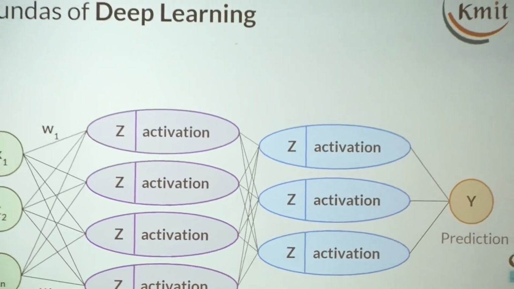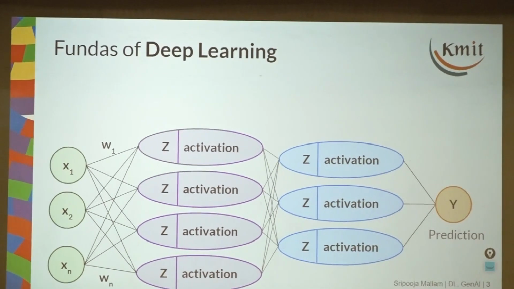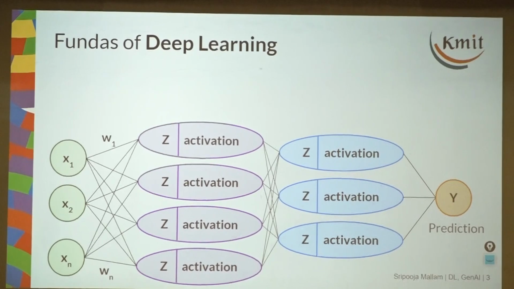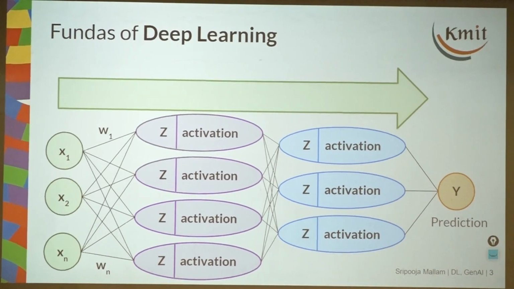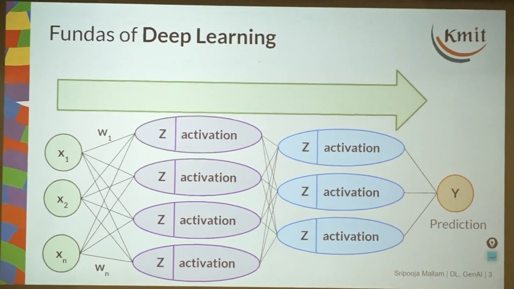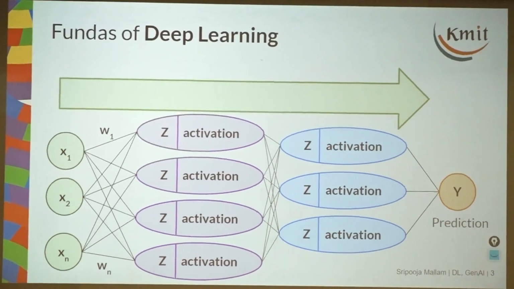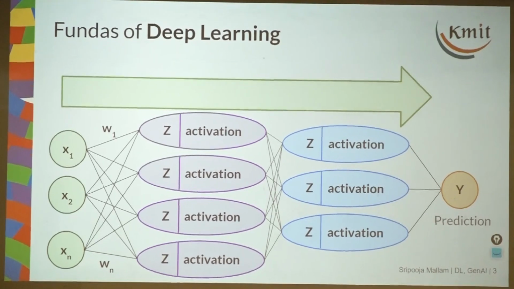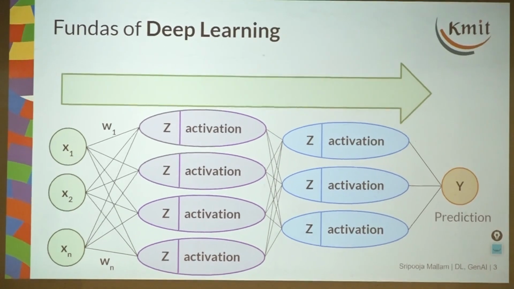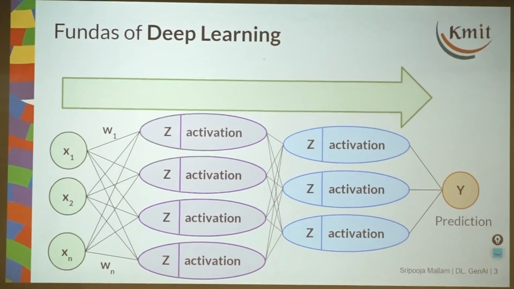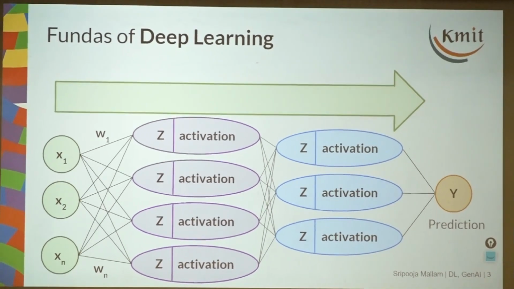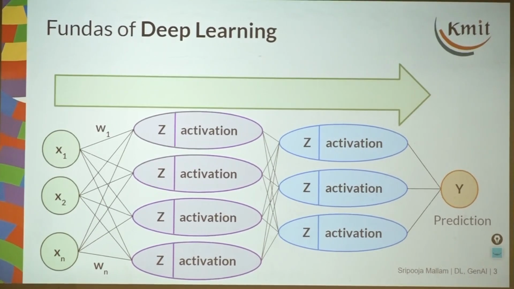So coming to what we discussed yesterday, this was the neural network which I showed you in the PPT slide. And what we did yesterday was understanding how the input data flows, right from the input layer, covering all the other layers, and finally it reaches the prediction state. So we start with predictors, that is the X values, and the final output is a prediction, which is a Y value.